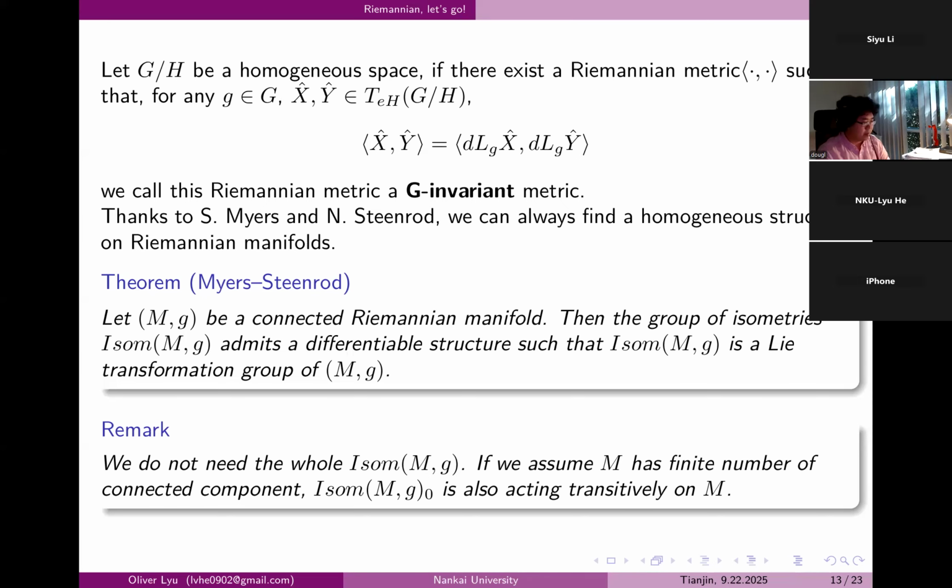If M has a finite number of connected components, then G does. So it's no harm to use the identity component of this isometry group.